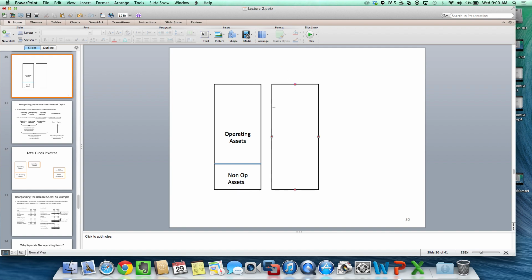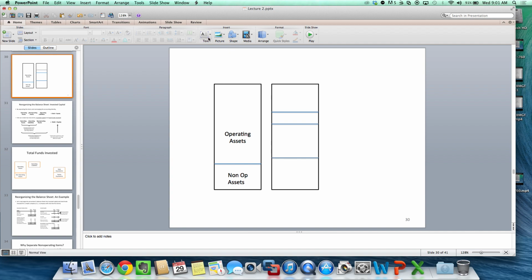So section 1, section 2, and 3, and I'll just show you there'll be a section 4 here.